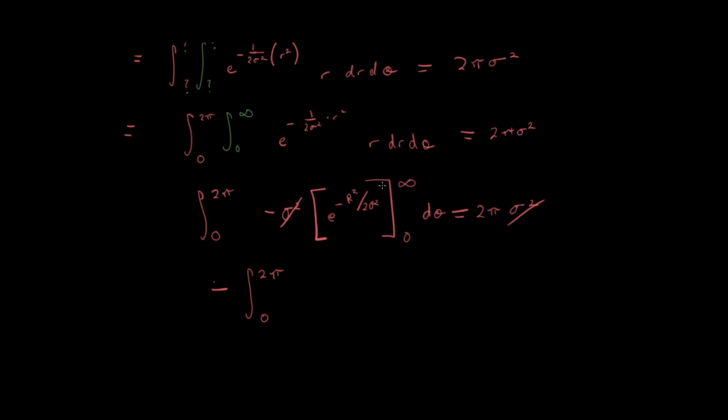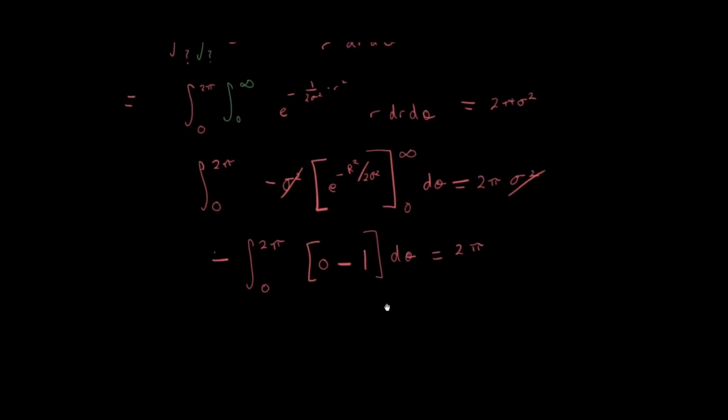So here, if we put infinity in for r squared, this will end up being e to the minus infinity, which is 0, minus, and then if we put 0 in for r squared, that gives us e to the 0, which is 1, times d theta is equal to 2 pi.